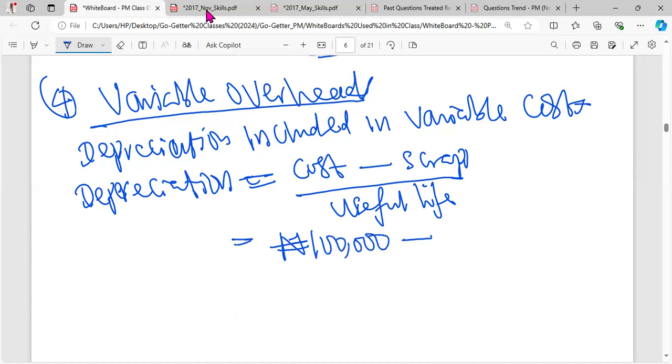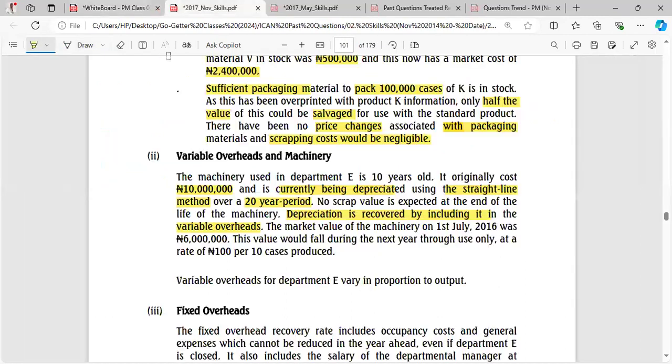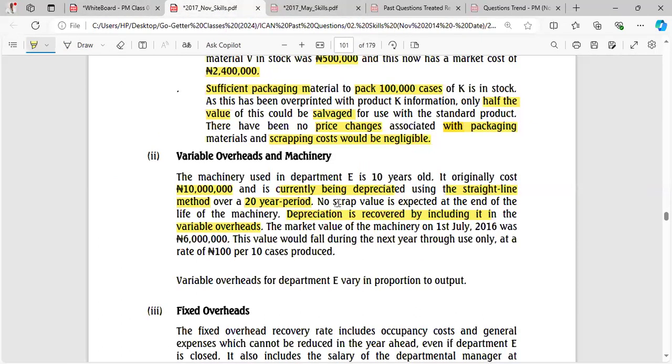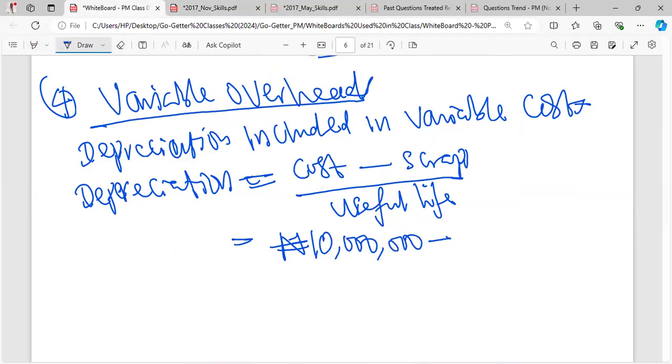Is there any scrap value? Oh, it's 10 million. It's a good thing I checked. Now they said no scrap value is expected, so the scrap is 0 and the useful life is 20 years.